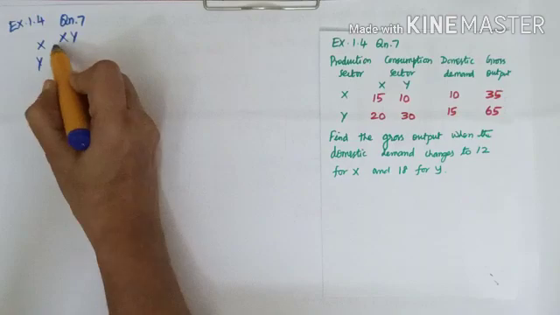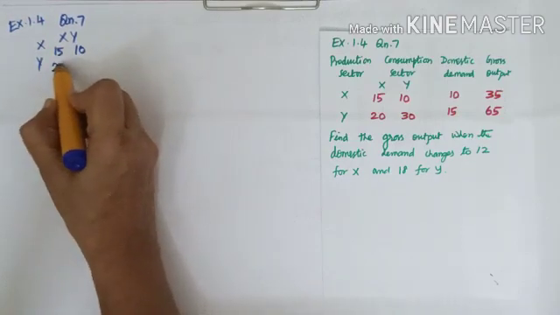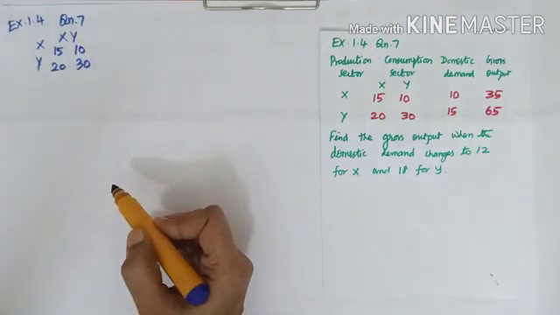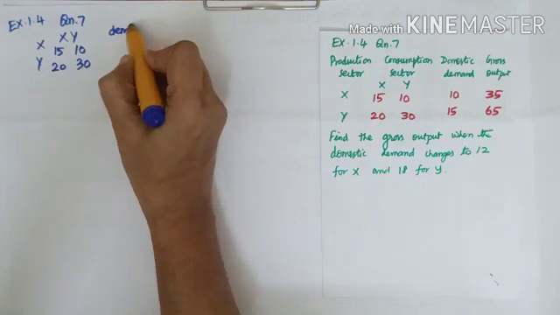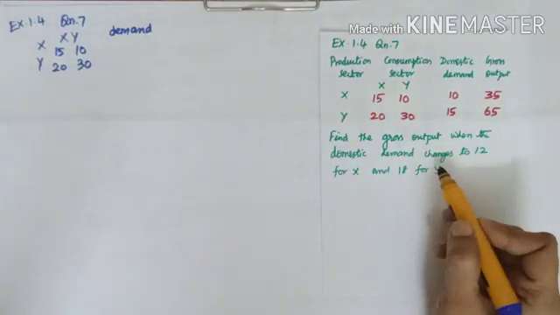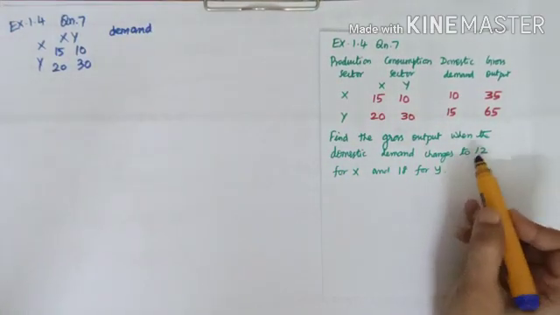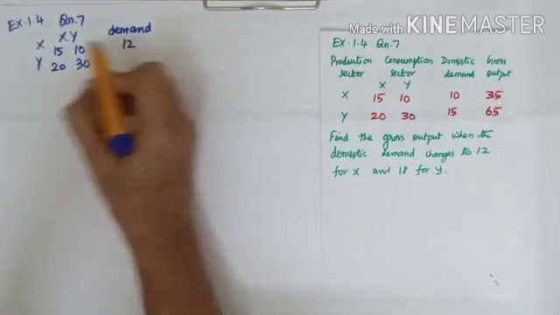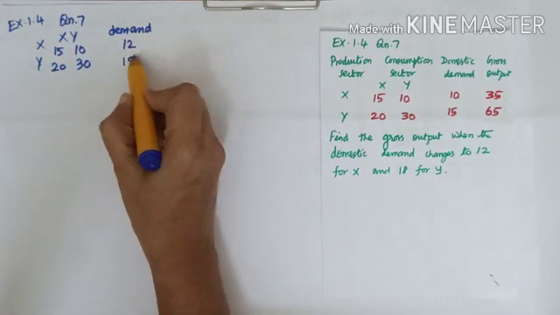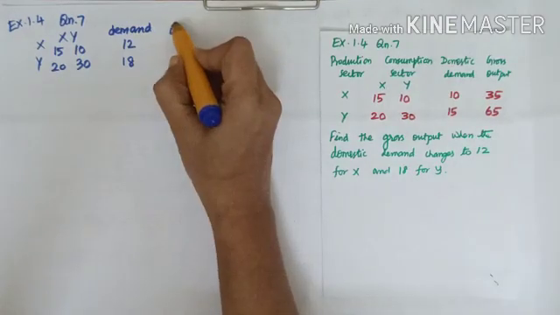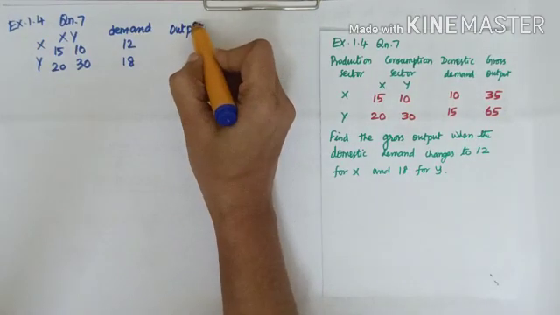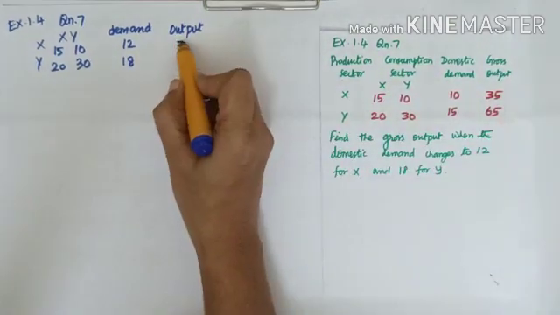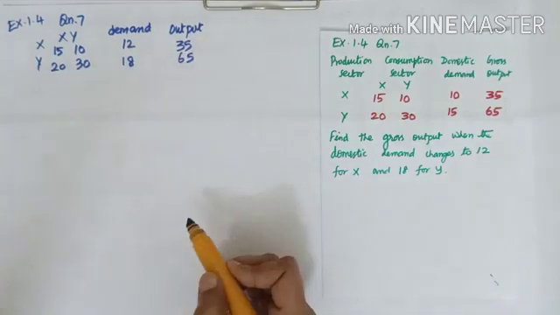This is 15, 10, 20, 30. And the demand, we read from the last line, that is 12 and 18. 12 for X and 18 for Y. The output that is already given is 35 and 65.